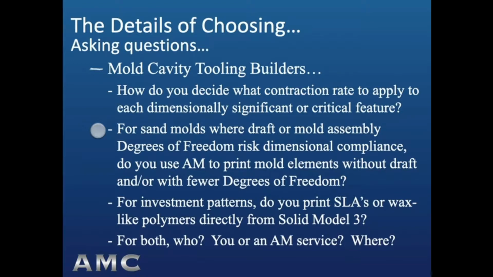For investment patterns, do you use SLA methods to print wax-like polymers directly from solid model number 3? For both these type patterns, sand and investment, who prints them, you or an AM service? Where are they printed? Is there a possibility of shipping damage?